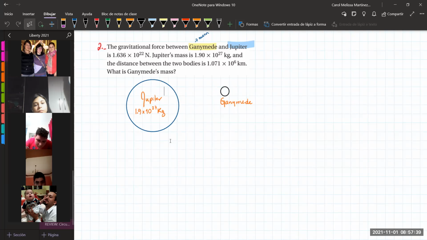Ganymedes has a mass. I don't know which mass that is, but I have to find it. So the mass of my object 2 is going to be unknown. Jupiter is my object 1, Ganymedes is my object 2.